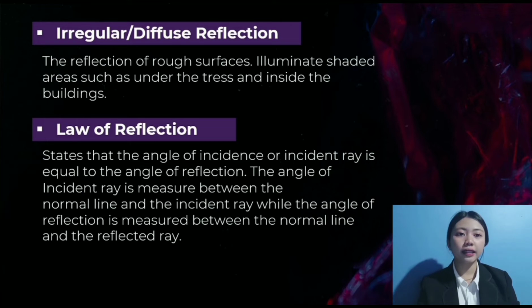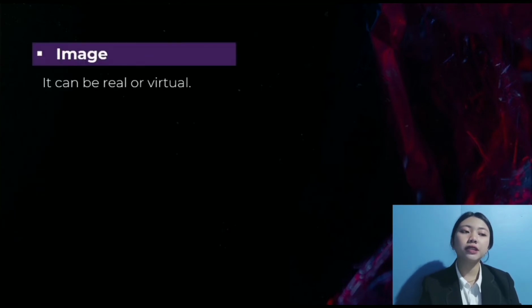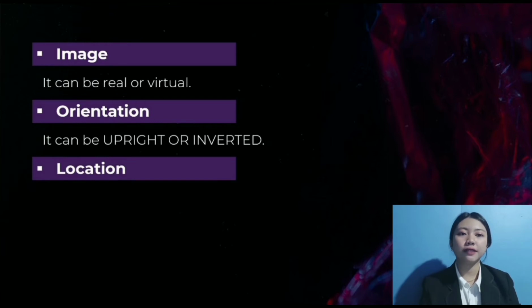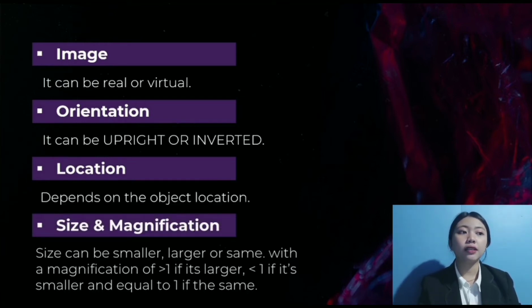So bear in mind that the result of the reflected image can be characterized according to image orientation, location, size, and magnification. So first is image, or it can be real or virtual. Orientation, it can be upright or inverted. Location depends on the object location.